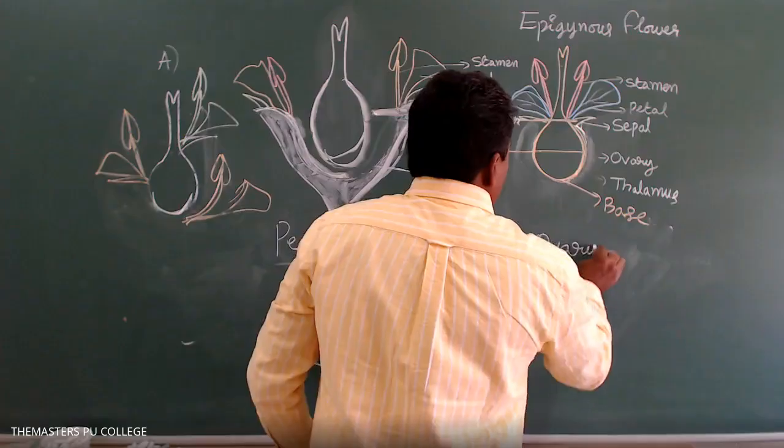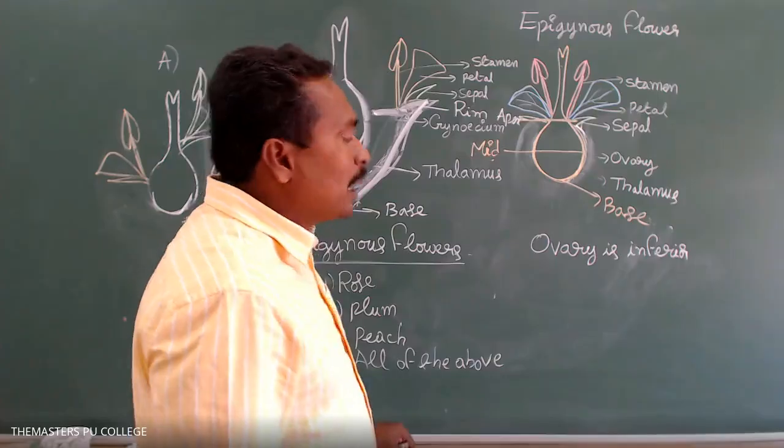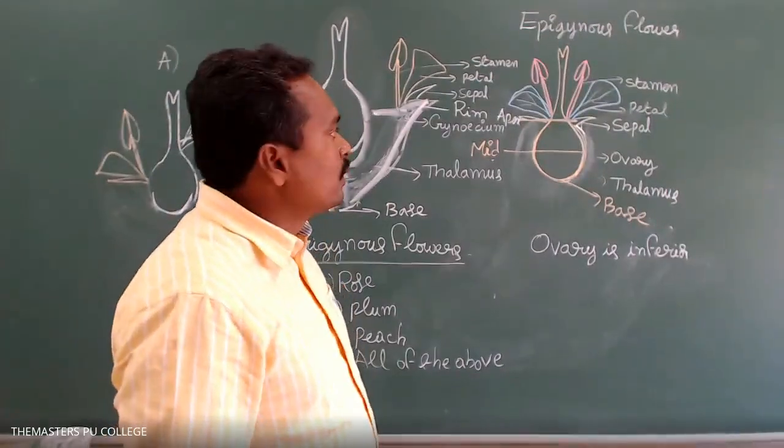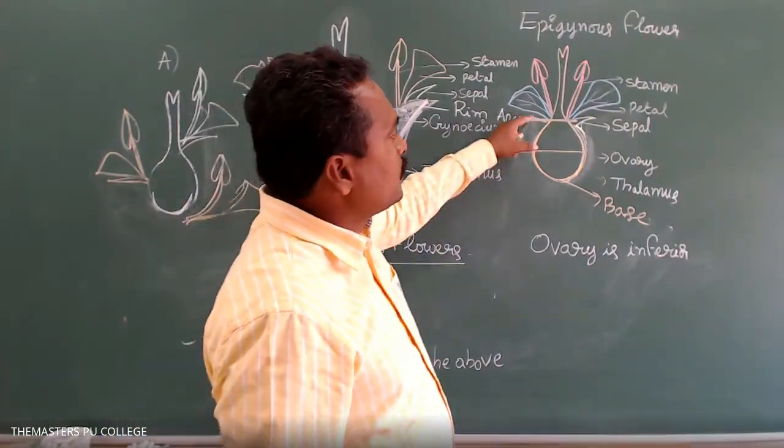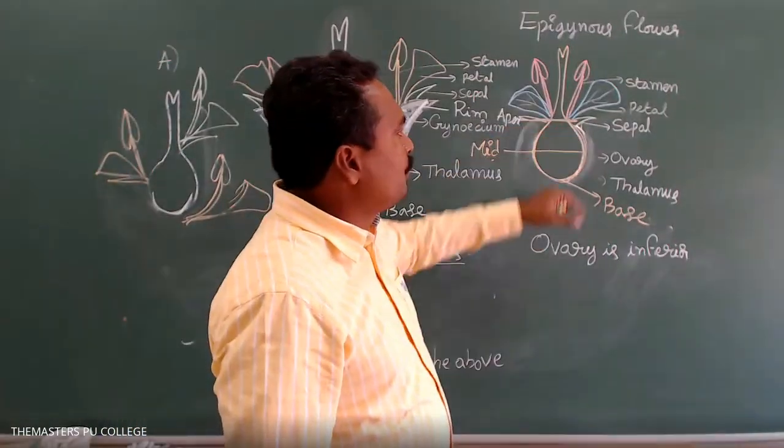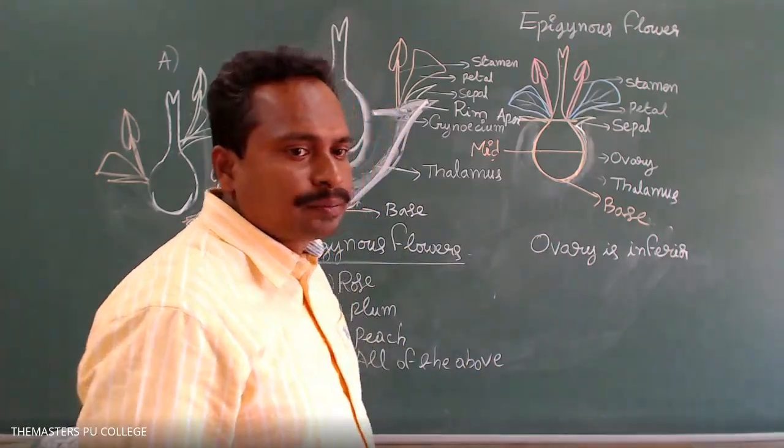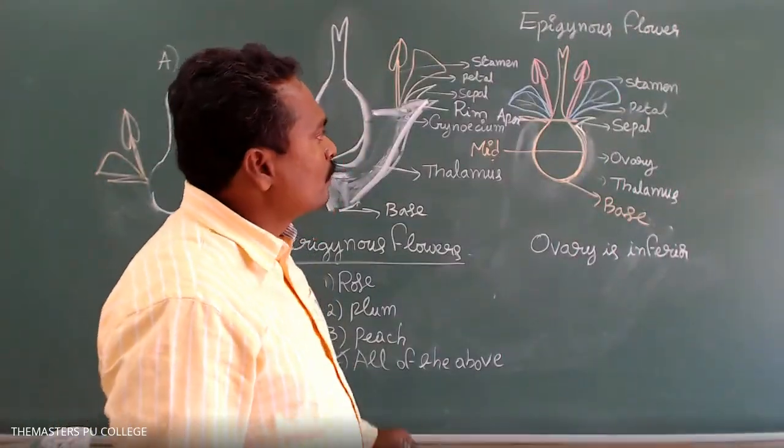Sir, here the sepals, petals, and stamens arise from the rim, sir. In epigynous flowers, they arise above the ovary. Here, the thalamus is fused with the ovary. Sir, the apex of the thalamus is the rim, no, sir?